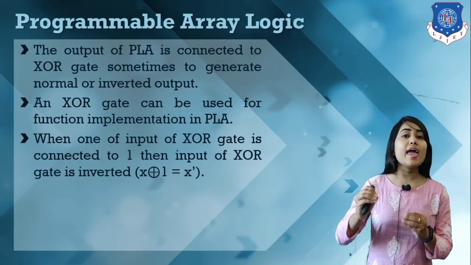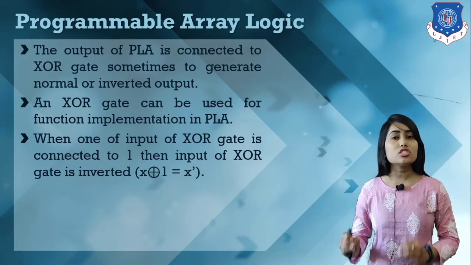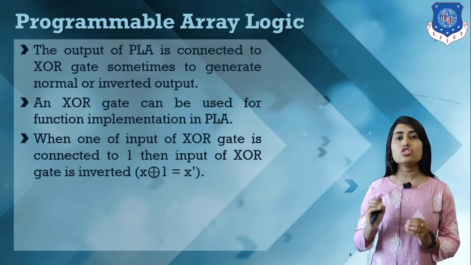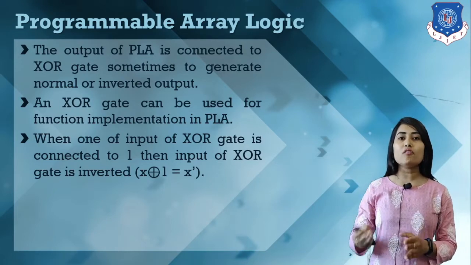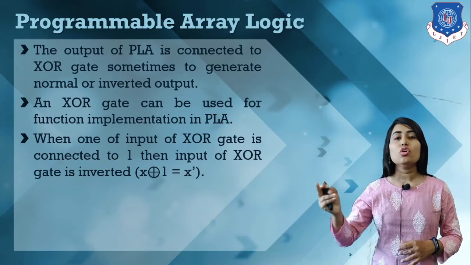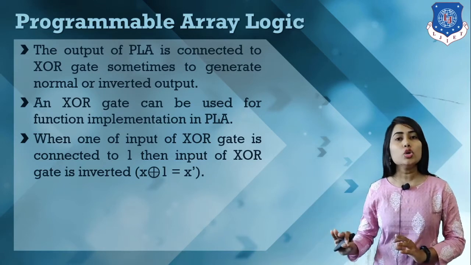That means X XOR 0 is basically X, because applying 0 in an XOR gives the other term as it is. For example, 0 XOR 0 is 0 and 1 XOR 0 is 1. So every time we have a no change condition.